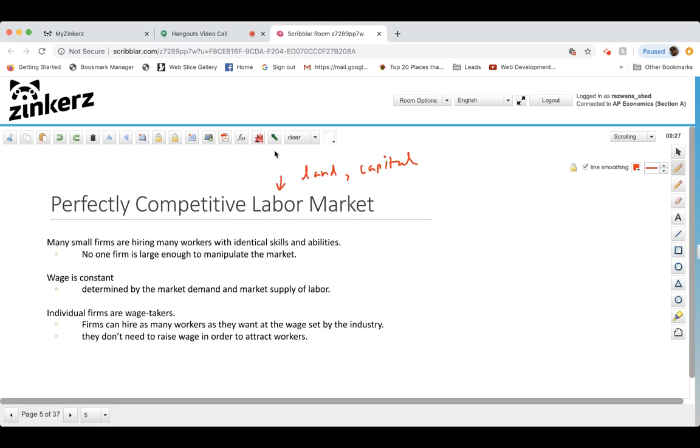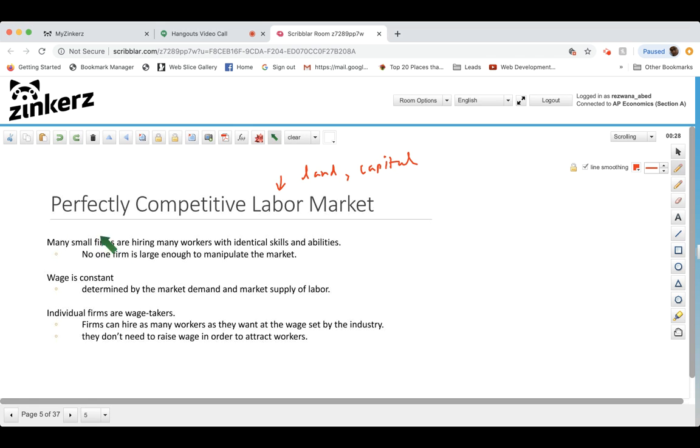If you remember, when we talked about the product market, we also talked about the perfectly competitive product market. So let's see how they compare. Here in the perfectly competitive labor market, many small farms are hiring many workers with identical skills and abilities.